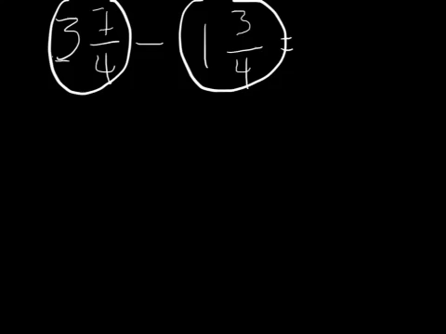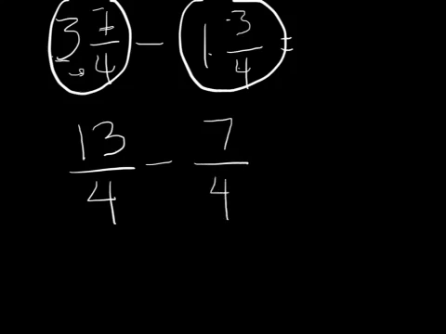So to convert 3 1/4 into an improper fraction, you know how to do this. I'll just talk you through the shortcut. 3 times 4 is 12, plus 1 is 13. The improper fraction is 13/4. 1 times 4 is 4, plus 3 is 7, 7/4.